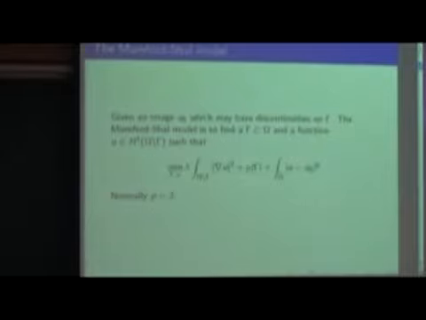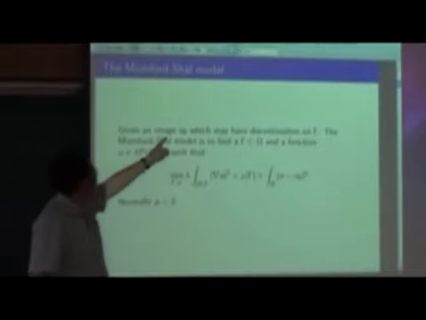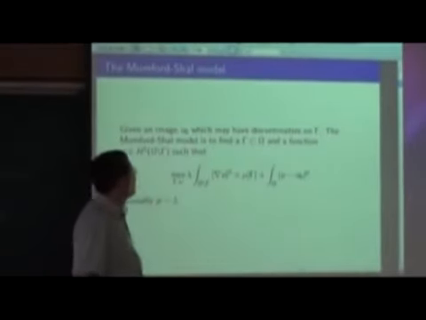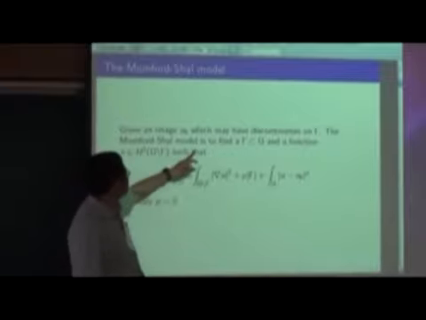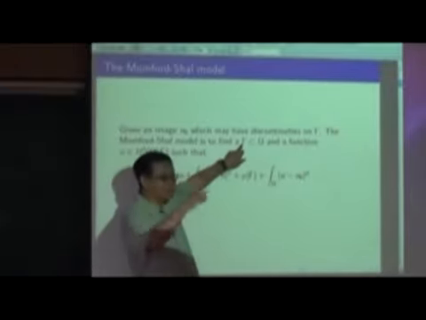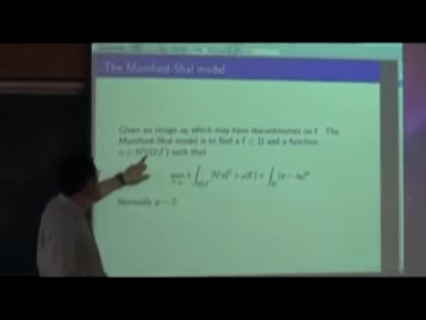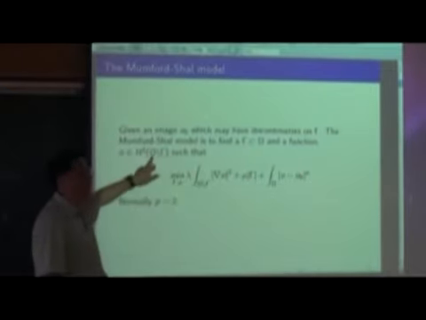And so the Mumford-Shah model, for image processing nearly everyone knows. The Mumford-Shah model is that you give an image U0 which may have discontinuities, and you find gamma containing many curves, could be open or closed, and the function U which is smooth away from gamma.